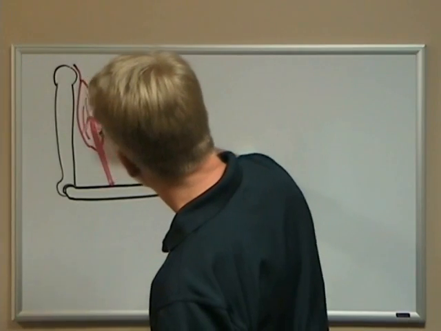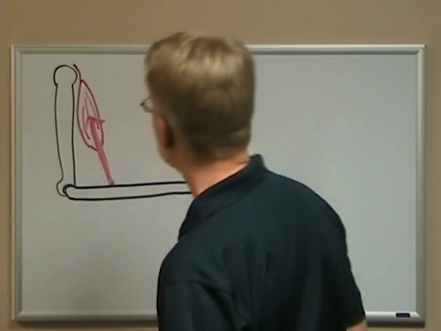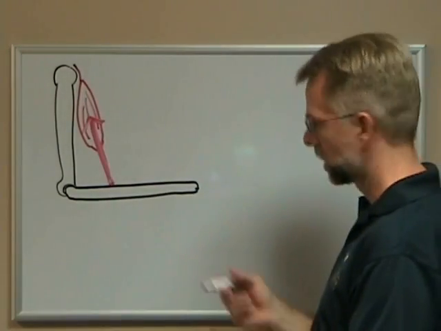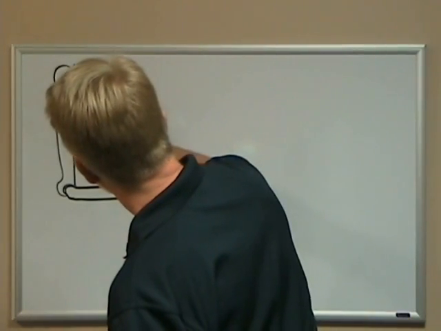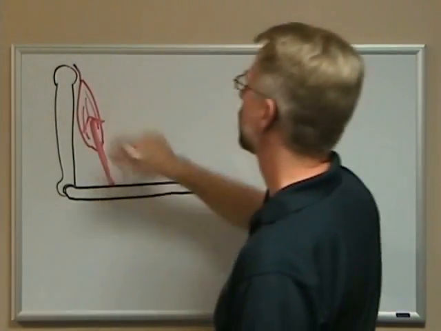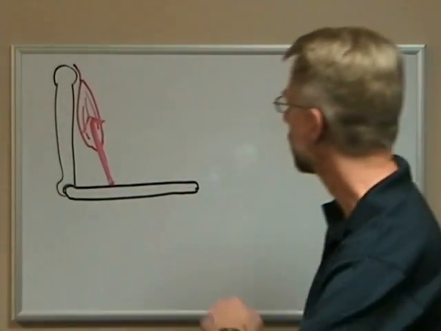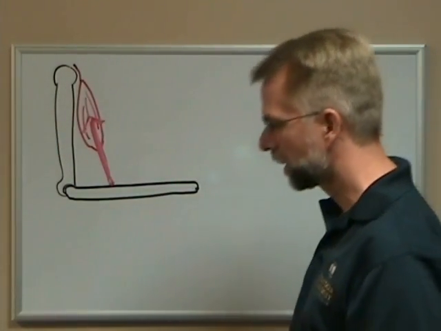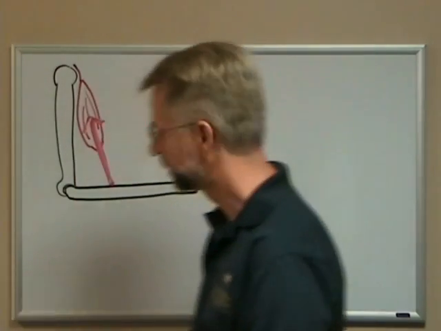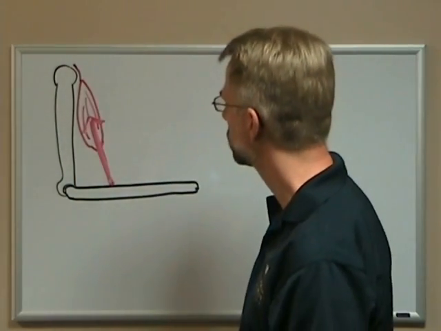The magnitude of the force is represented by the length of the vector, and the direction and sense of the force are represented by the shaft and the arrow. Okay? So here we have a vector of force.